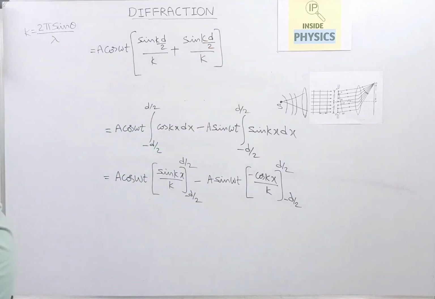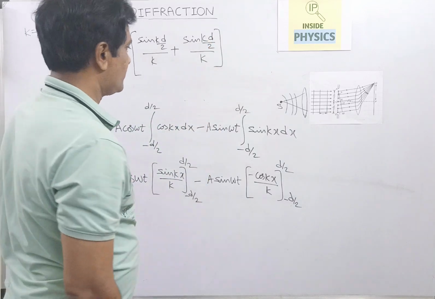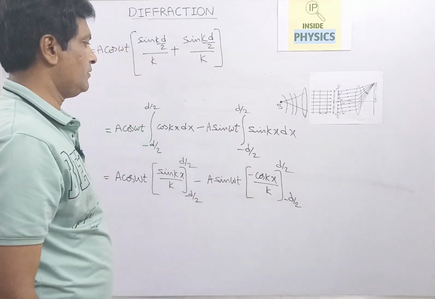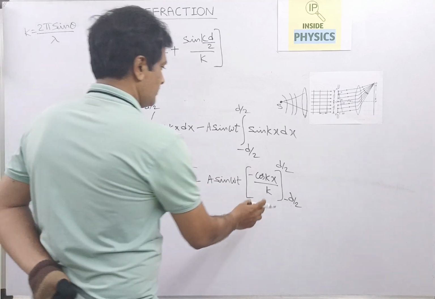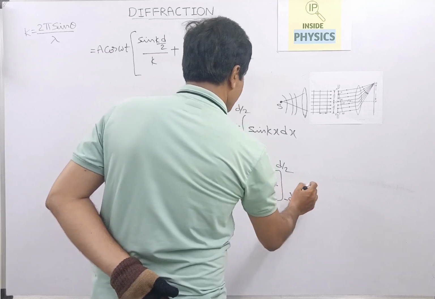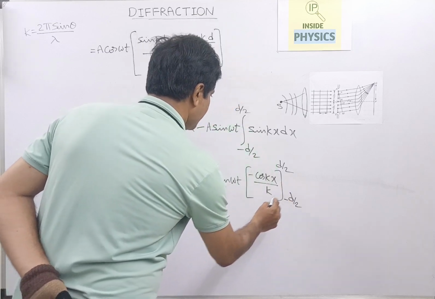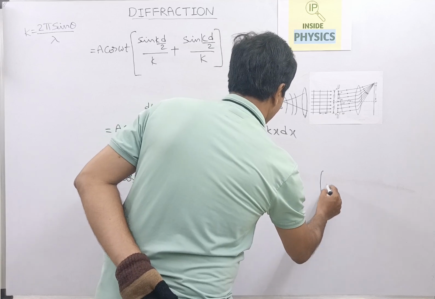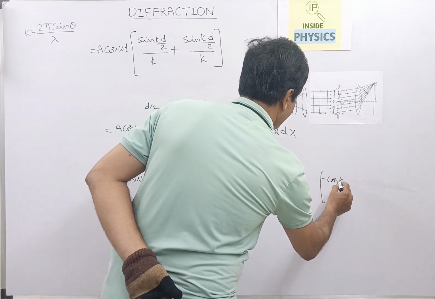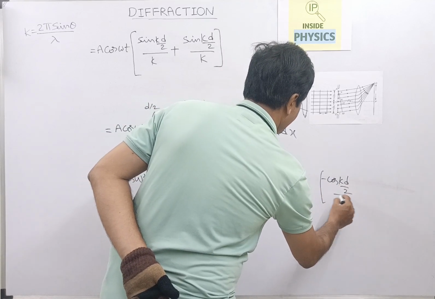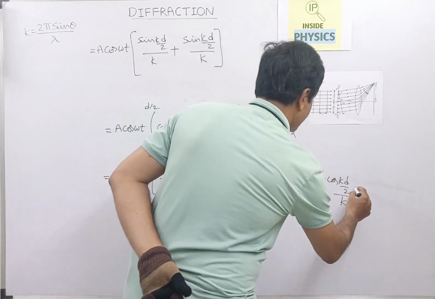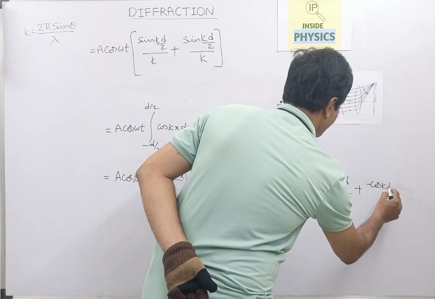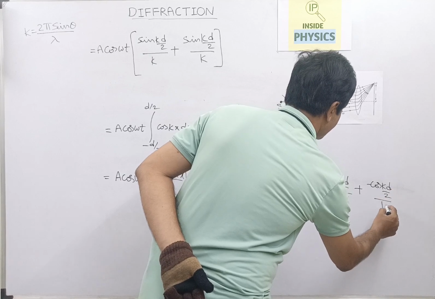So what about this term? This particular term will become 0. Why? If you observe this, I am writing here, this term will become minus k d by 2 by k plus minus cos k d by 2 by k.